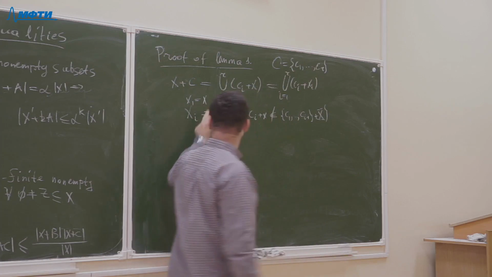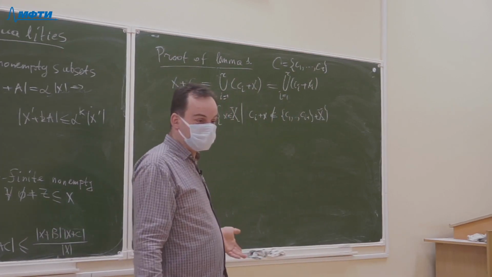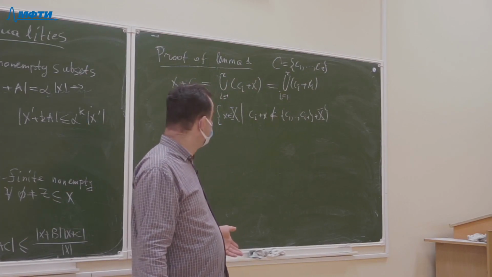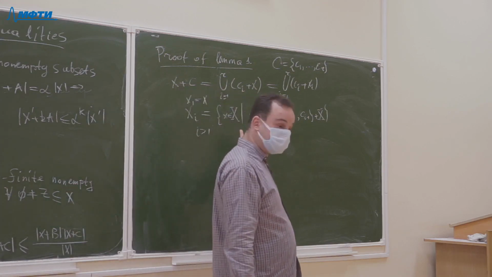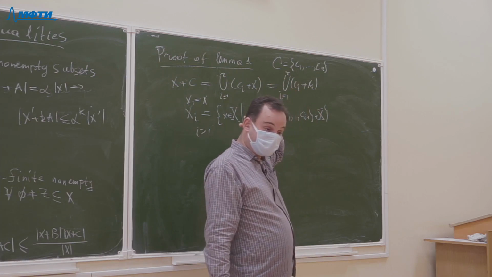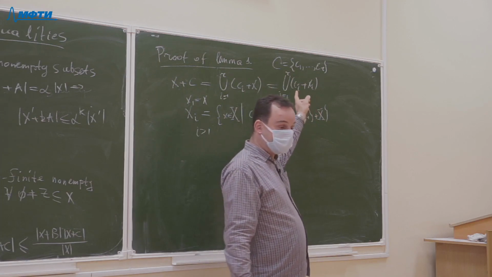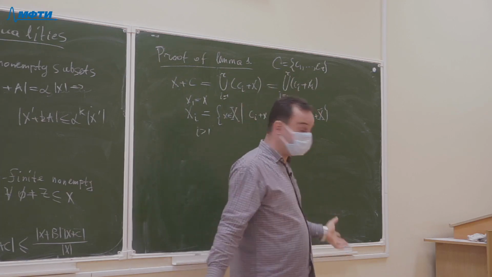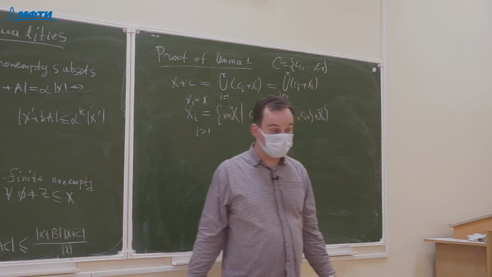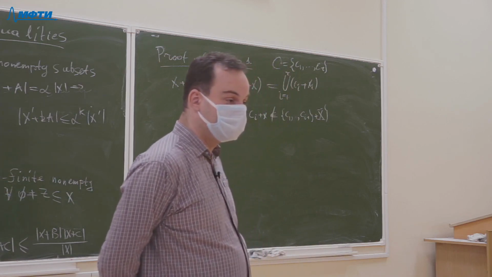The X_i's can intersect because they are all subsets of X, but their shifts by c_i are non-intersecting. Understand?